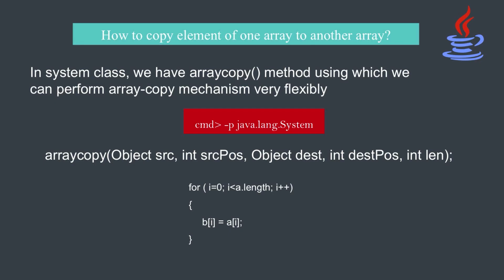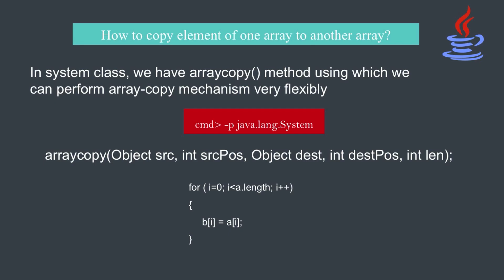It takes 5 input parameters. The first parameter is the source object, the source array, here array A, followed by the index position of the source, from which index position in the source array we should start copying.